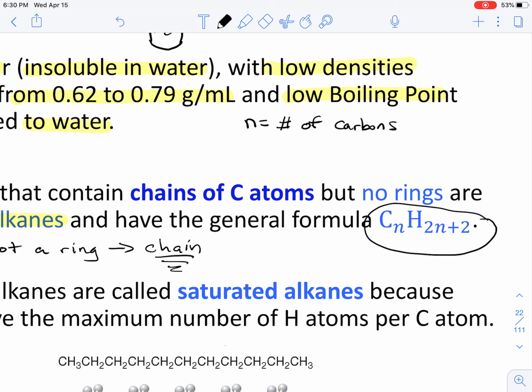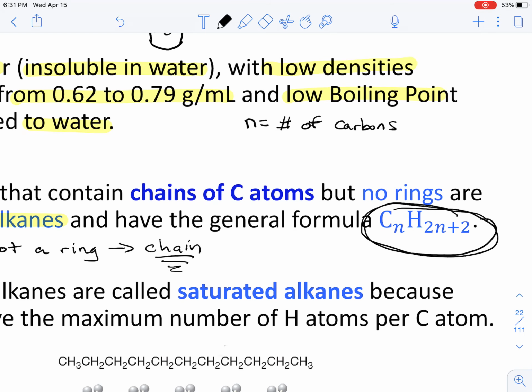Okay. And so this formula can help us predict or identify whether or not a substance with a given chemical formula is an alkane, an alkene, or an alkyne.